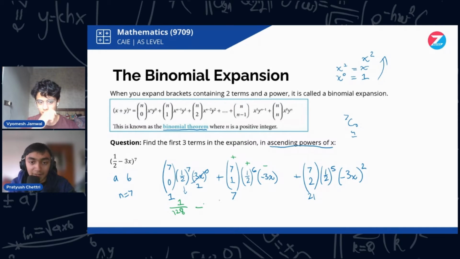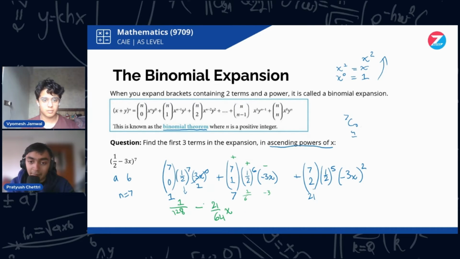So this is 7, this is minus 3, this is 1 over 64. That simplifies to 7 times 3 over 64. So minus 21 over 64x.